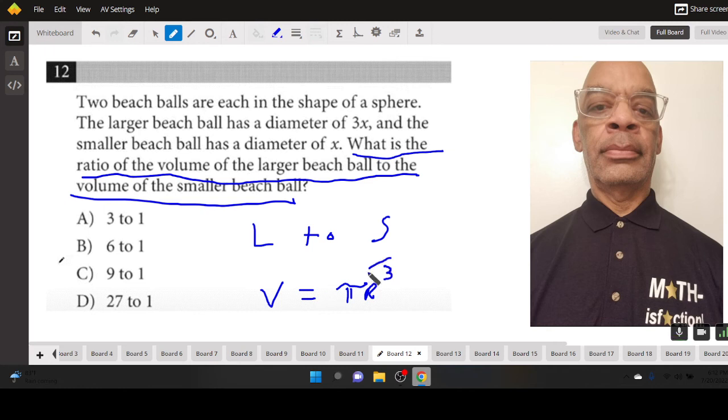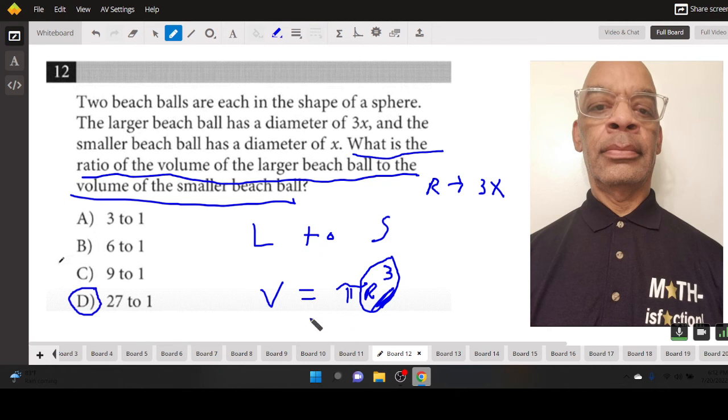Okay, so if the diameter is 3 times greater, the radius is also 3 times greater. And we're cubing the radius. So 3 times 3 will make the volume 9 times greater.